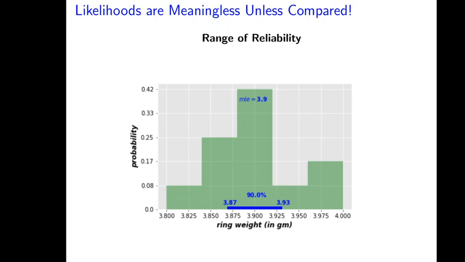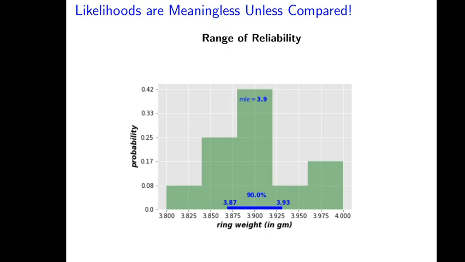In addition to learning the maximum likelihood or the maximum value of these human estimations, we can also define a range of reliability. The range of reliability covers a certain range of our data that covers the highest percentage of readings.